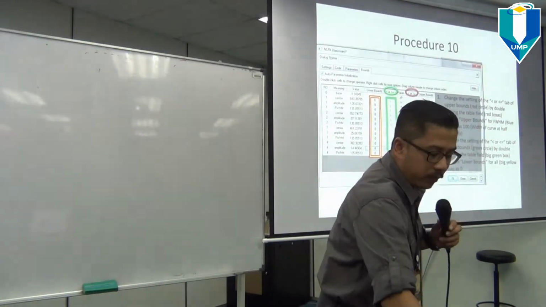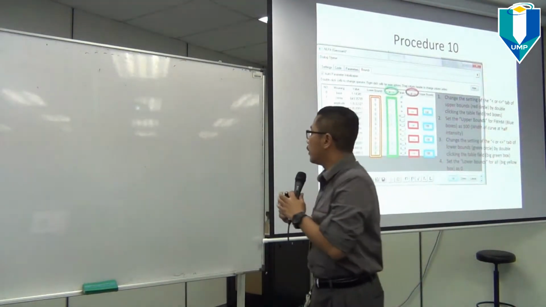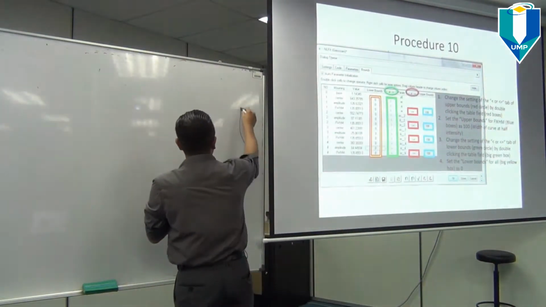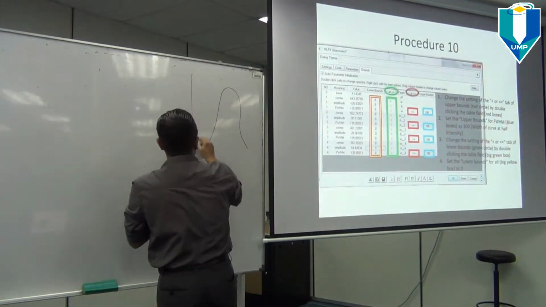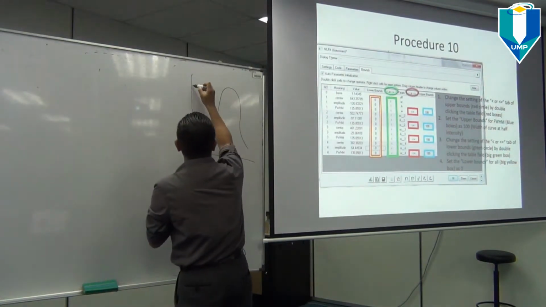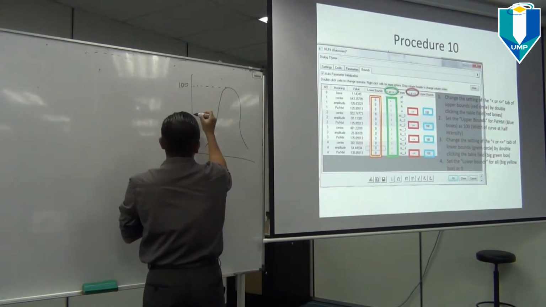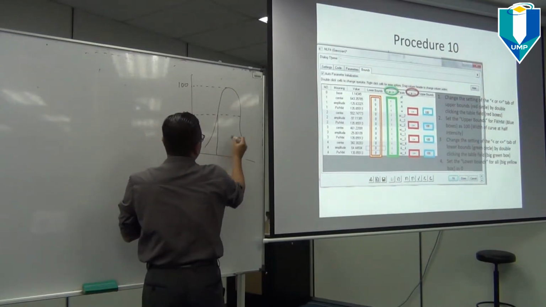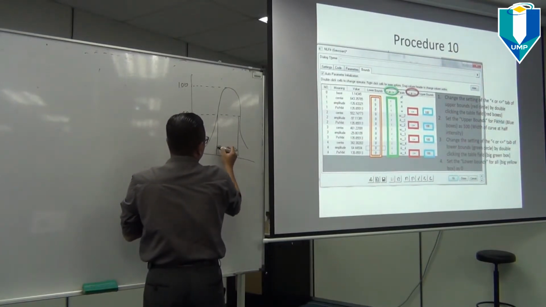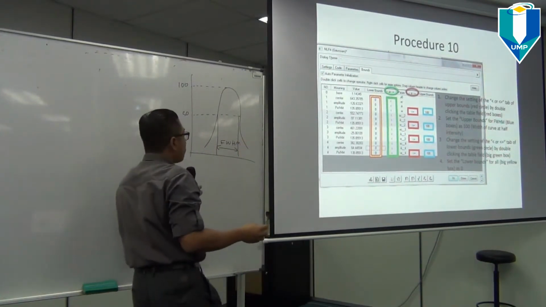FWHM stands for full width half maximum. For example, if your peak is like this, and let's say the peak is 100, so you should choose this one, 50, and this is the full width half maximum.